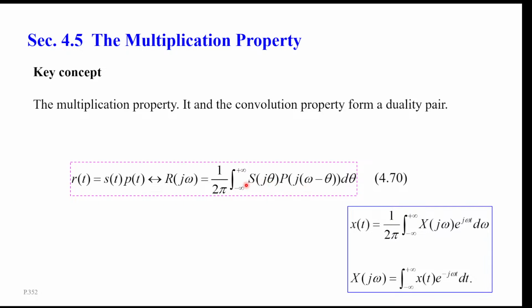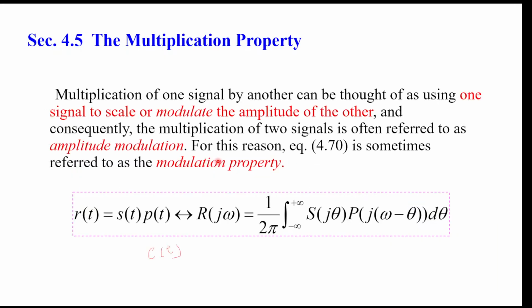So you have the convolution of big S of j omega and big P of j omega, and then you change the dummy variable to theta, so you have big S of j theta times big P of j(omega minus theta). It's just some funny notation here, because remember our independent variable here is omega. So this really looks like the convolution property, just with the 1 over 2 pi here.